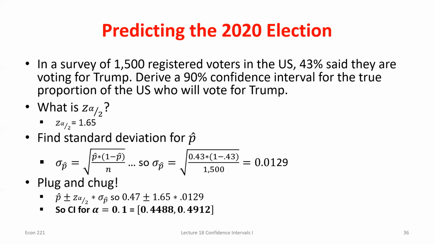In fact, these polls even mentioned that after they did their sample, they took out people who, based on their responses, weren't likely voters. So we might want to target likely voters, do the same sort of thing, but only with Indiana residents. And if we can find that the population proportion is higher in Indiana for Trump than Biden or vice versa, then we could predict who's going to win Indiana.